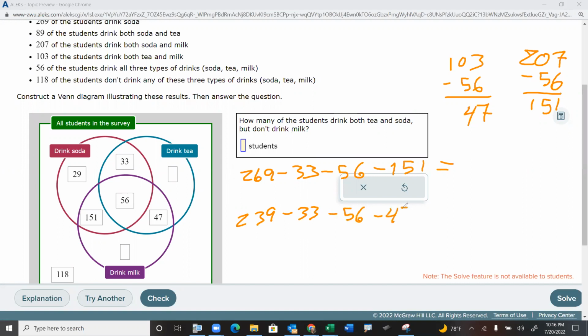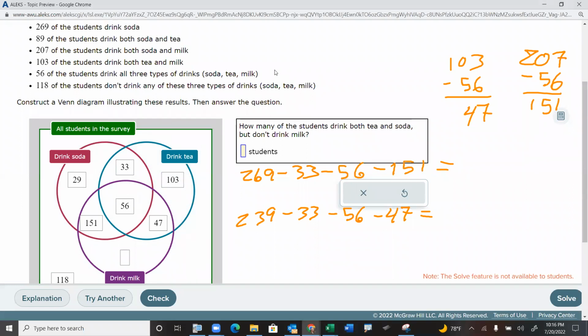So we're gonna subtract them away so we can find out how many are left over. And I get 103. Okay, 103. All right, now the last one.